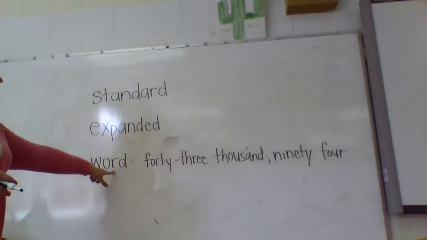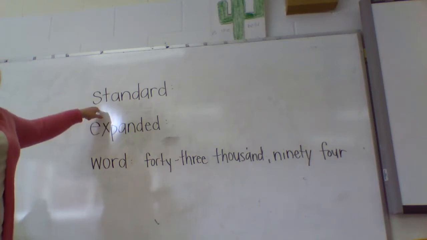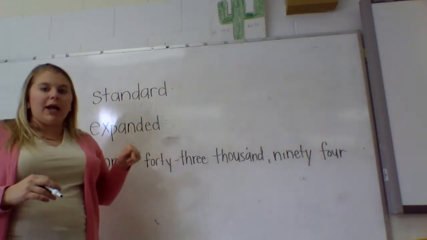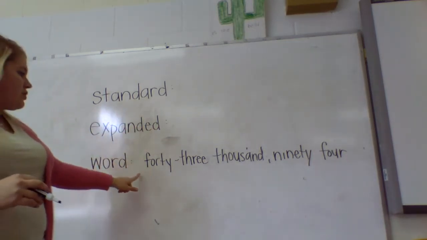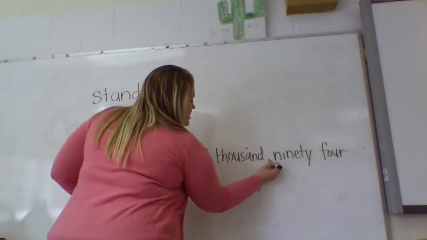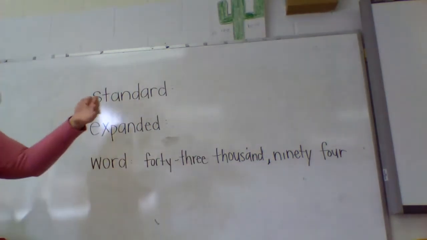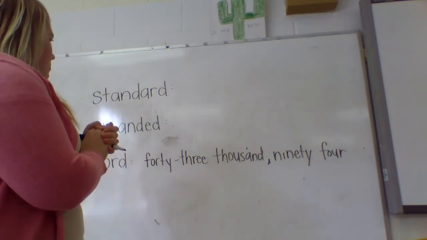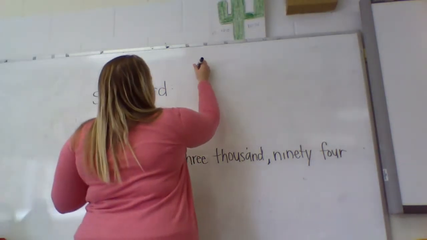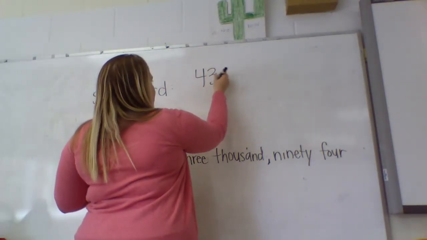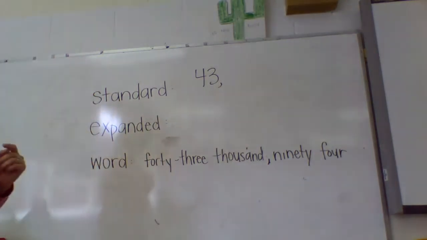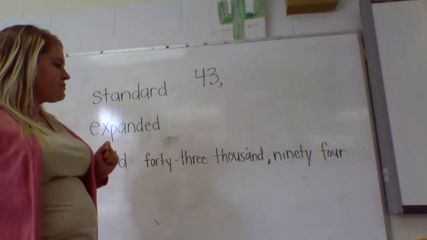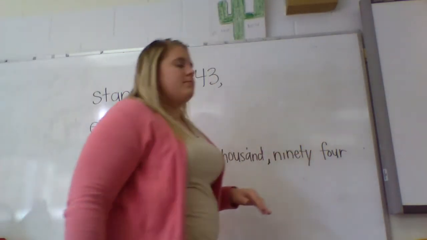I've got it in word form. I'm going to take it to standard form because then it'll be easier for me to break it into expanded. So forty-three thousand, I'm going to go until I see a comma because I know that's going to give me one chunk of my number. So I know 43,000 looks like this. 43,000. Here's where it gets a little tricky though. 94.